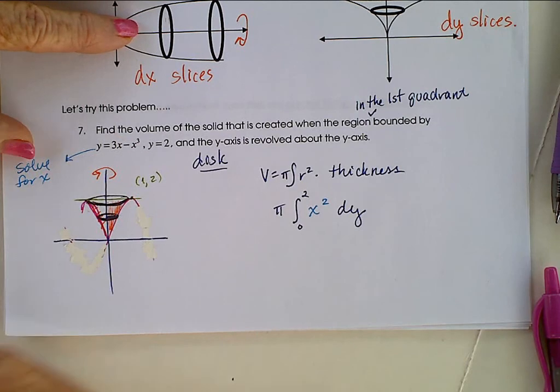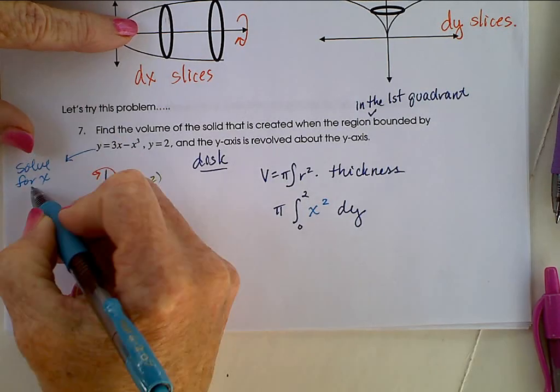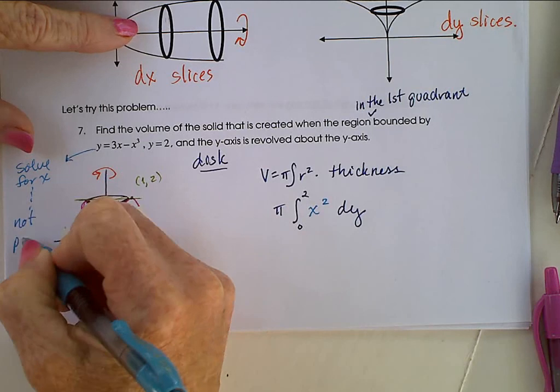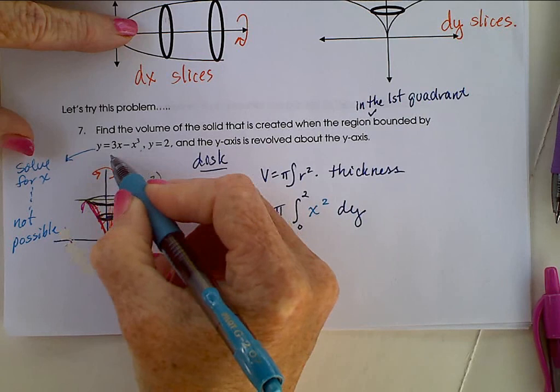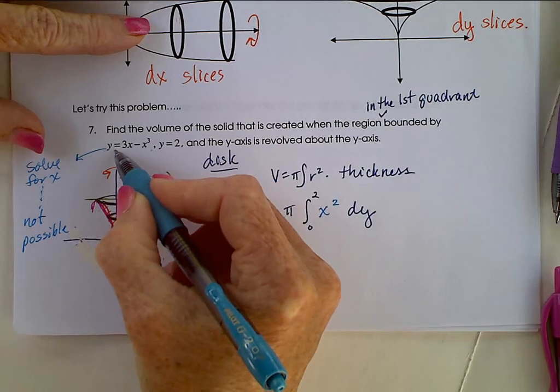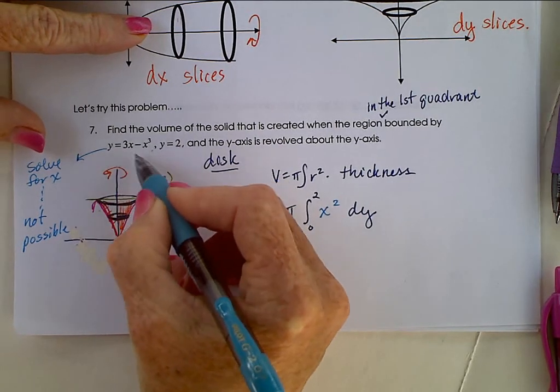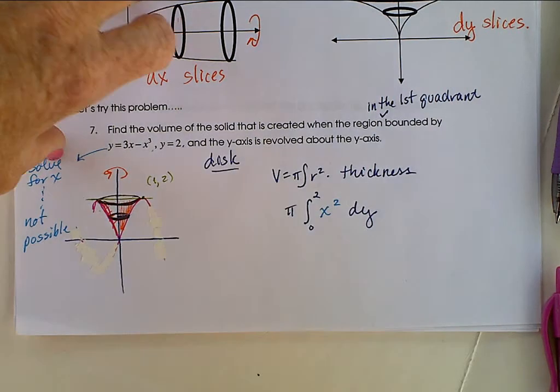And you can try and do that. That's not possible. When you've got different powers on that x and that second variable y, a degree 1 and a degree 3, you cannot solve for that variable. It's just not possible.